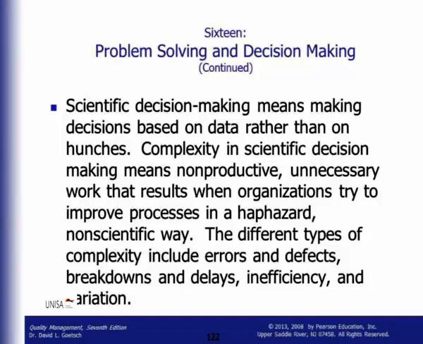Complexity in scientific decision making means non-productive, unnecessary work that results when organizations try to improve processes in a haphazard, non-scientific way. The different types of complexity include errors and defects, breakdowns and delays, inefficiency and variation.